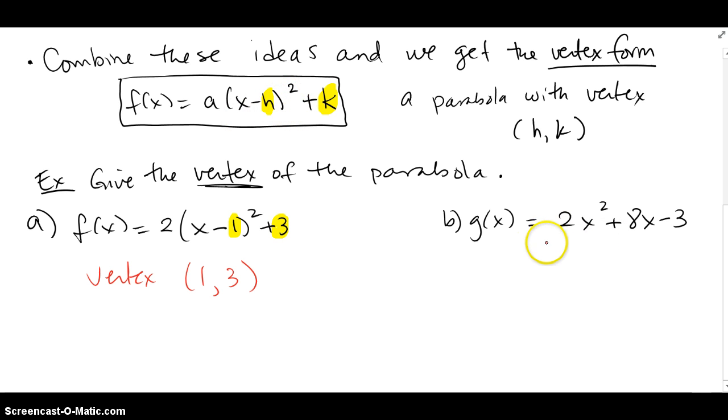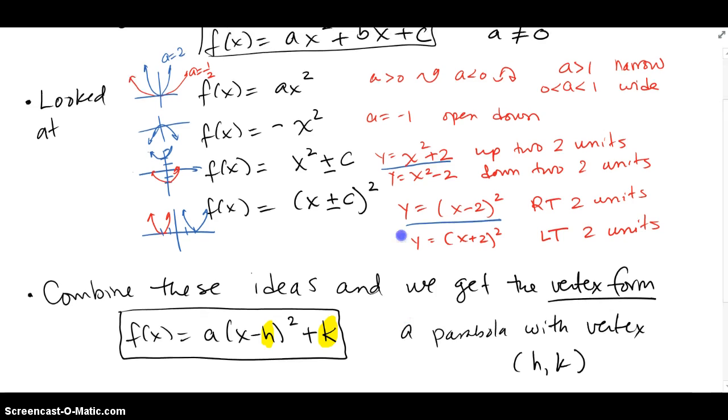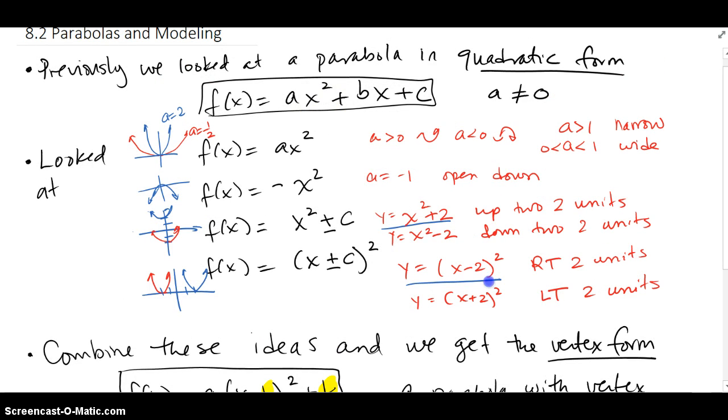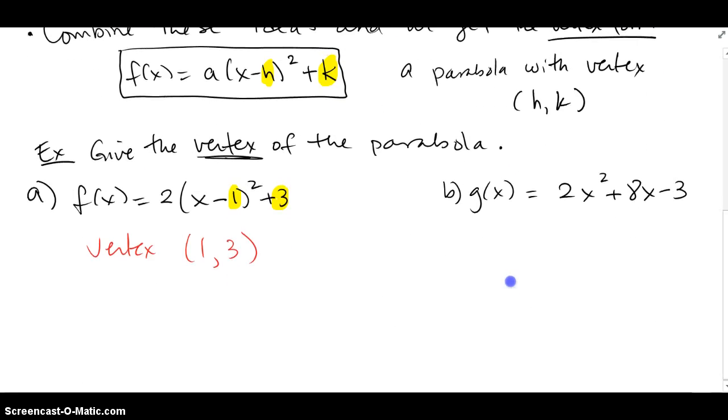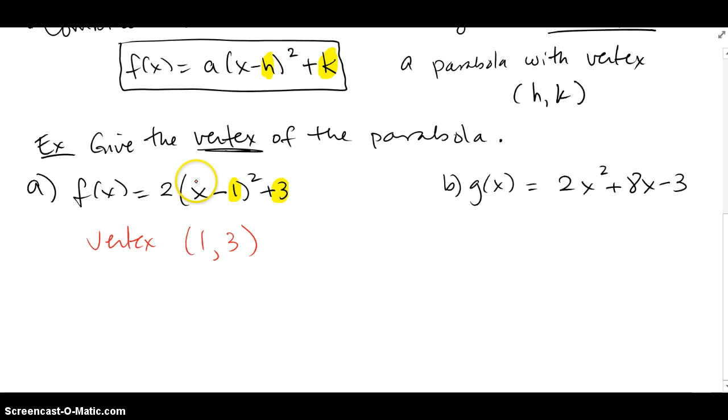In part B, it's in quadratic form. It looks like this guy, so I could either put it in this form, which is a lot more work, or just use the formula from before, negative b over 2a, with a, b, and c pulled out basically. I don't need the c, I just need the b. Negative 8 and also the a, times 2 over 2, and that's negative 8 over 4.